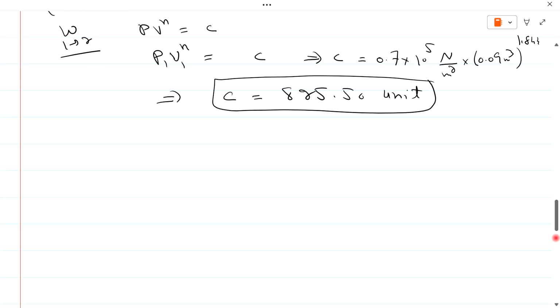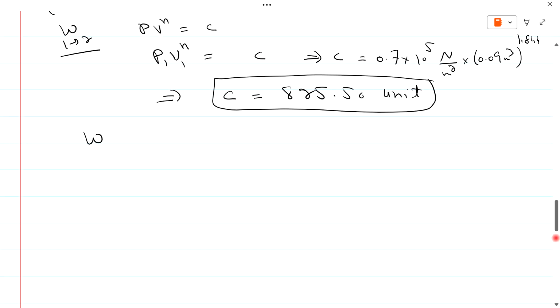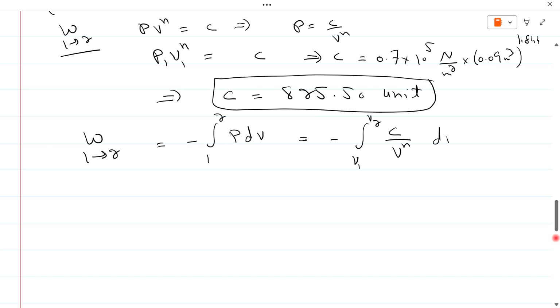Now the work done from 1 to 2. The formula is minus the integral from 1 to 2 of P dV, which is equal to minus the integral with lower limit V1 and upper limit V2, and from this equation we can write that P is equal to C divided by V^n. So put here C divided by V^n dV.